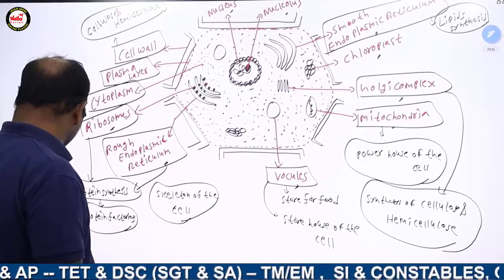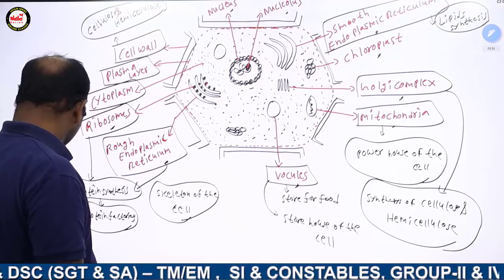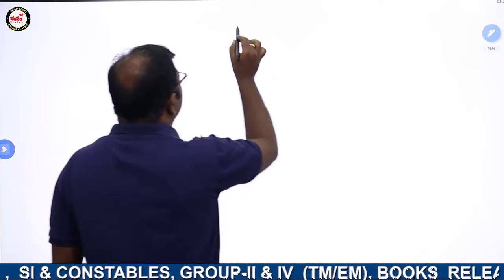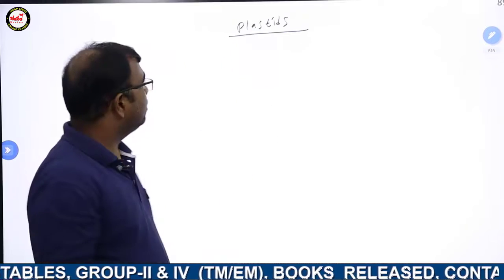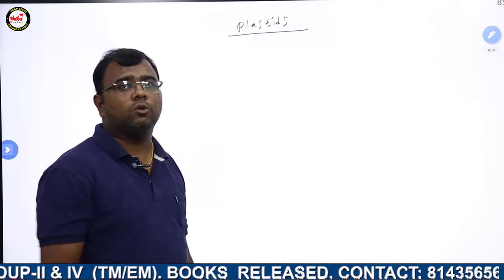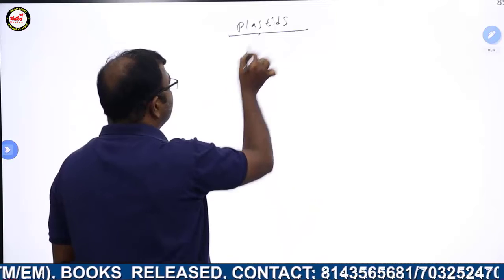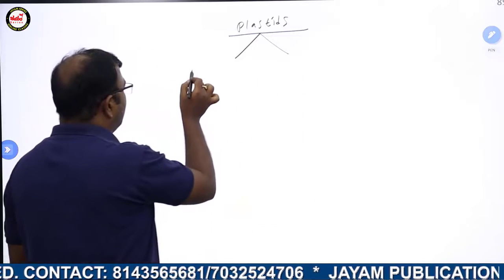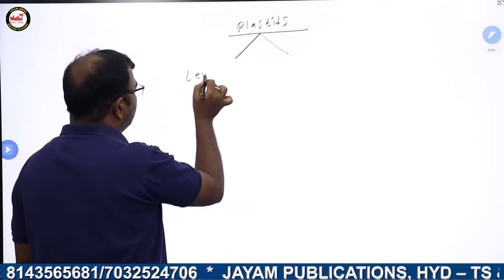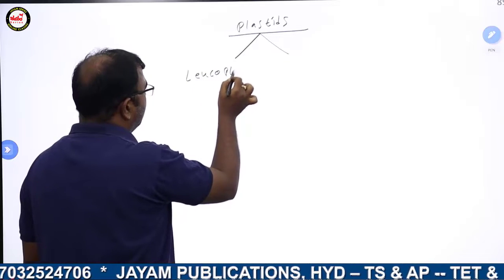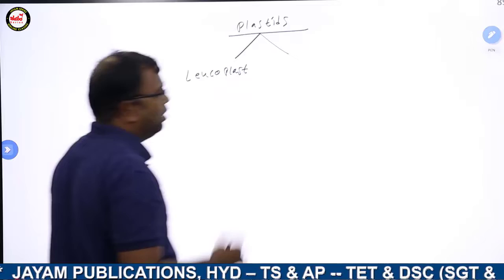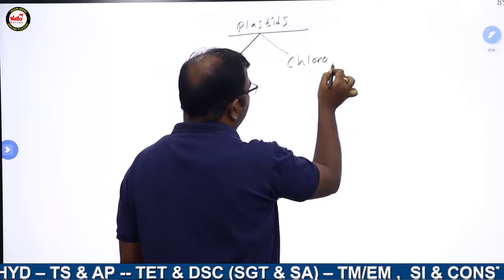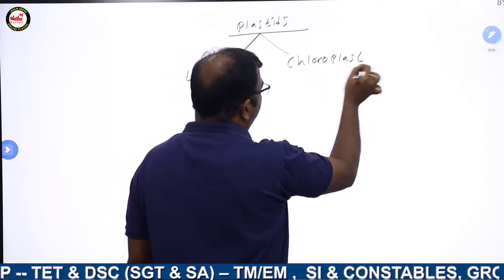Plastids are of two types in this plant cell. The first one is leucoplast, and the second one is chloroplast.